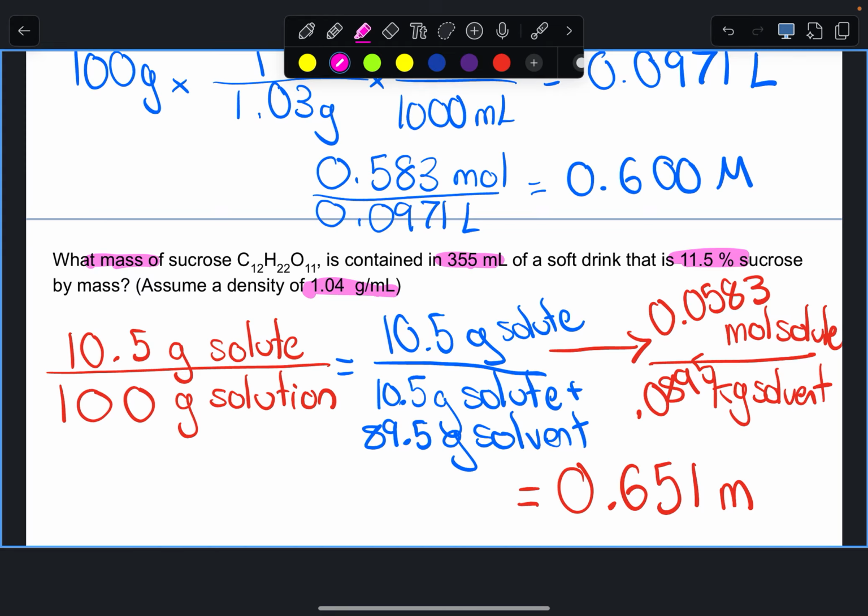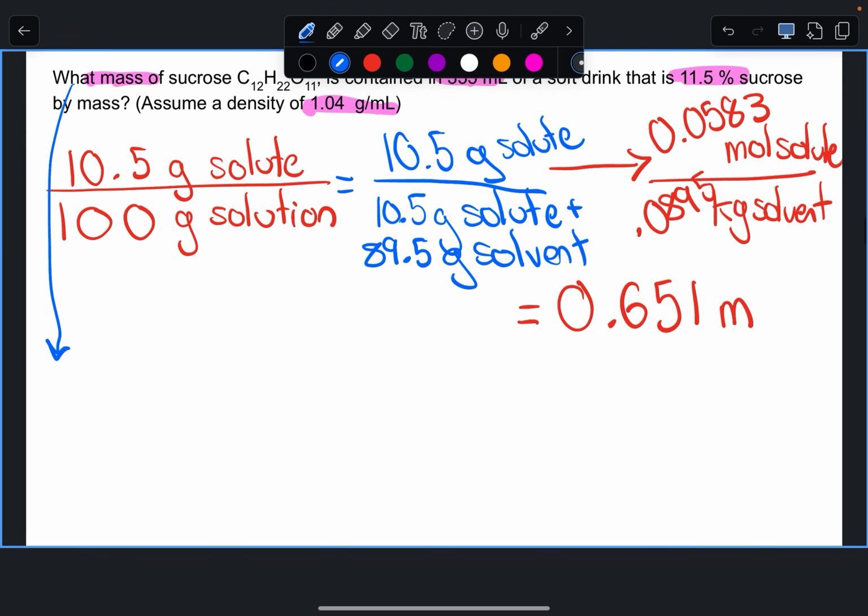So let me just set up the calculation for us. I'm going to do this down here. Remember when we do these, we start with whatever is the number with one unit. So 355 mL. That's the only place we should start. If we can start with a thing that just has one unit, let's start there.